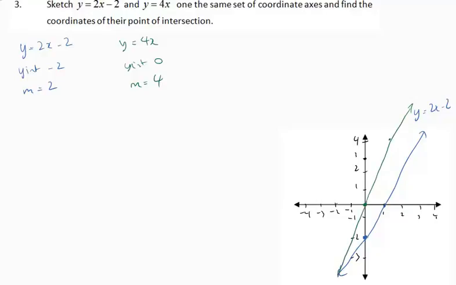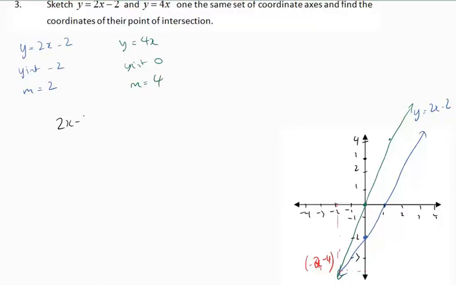And down here is where we meet. Okay, so here we can check. Where we meet, we have minus 1, minus 4.